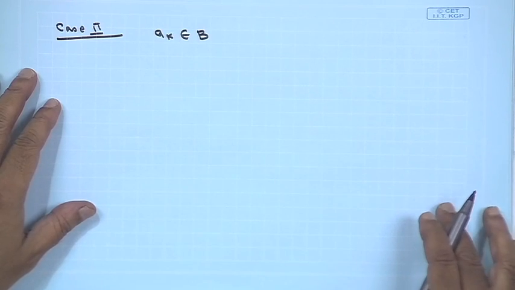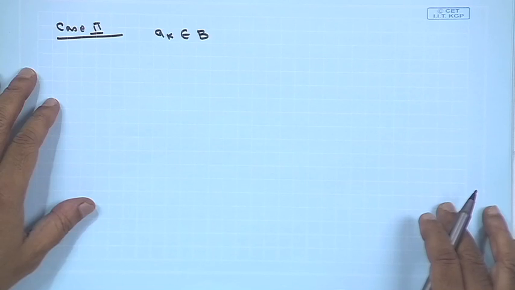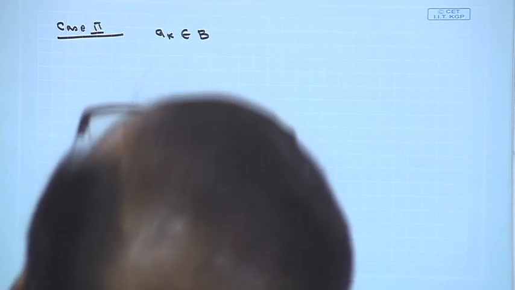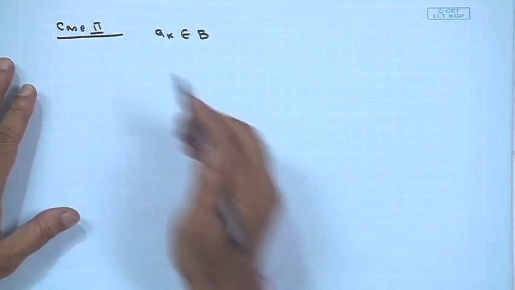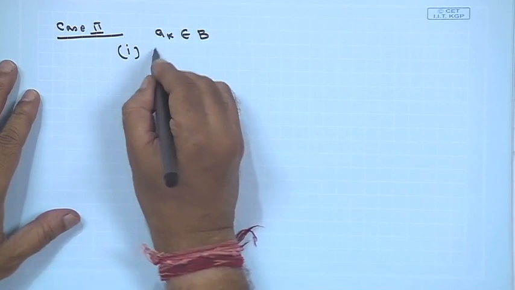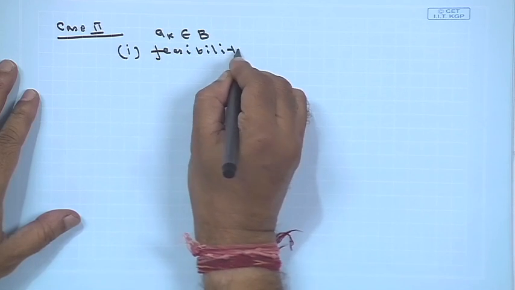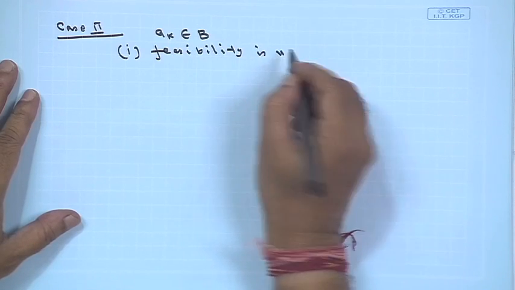One case is feasibility remains unchanged, and the second case is feasibility will be changing. So, feasibility is unchanged.